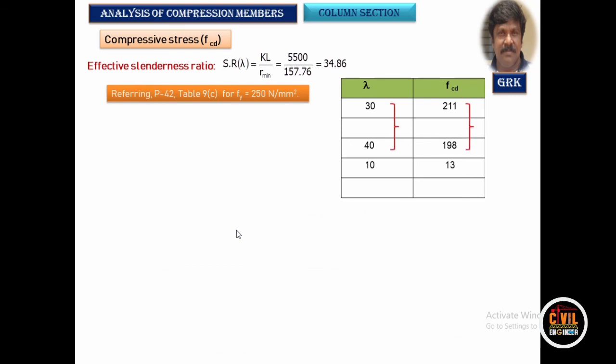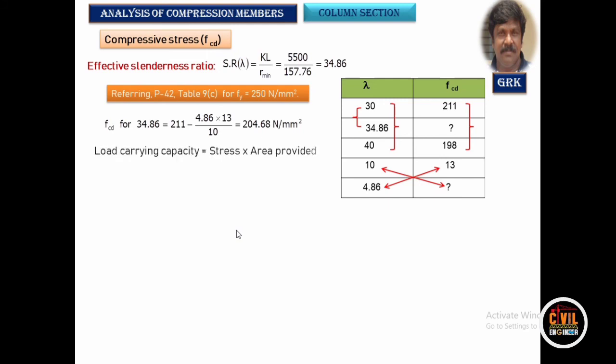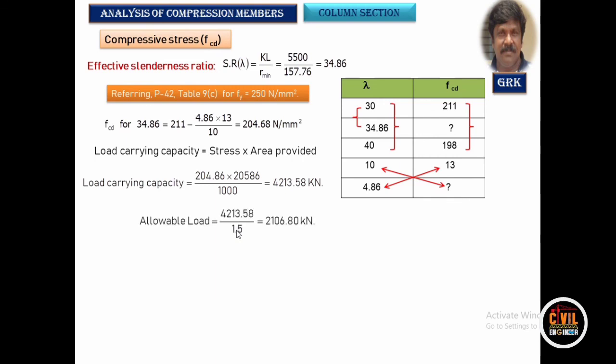For the difference of 10, it is 13. For 4.86, how much? It's 204.68 Newton per millimeter square. The load carrying capacity of the section is 4,213.58 kilonewton.